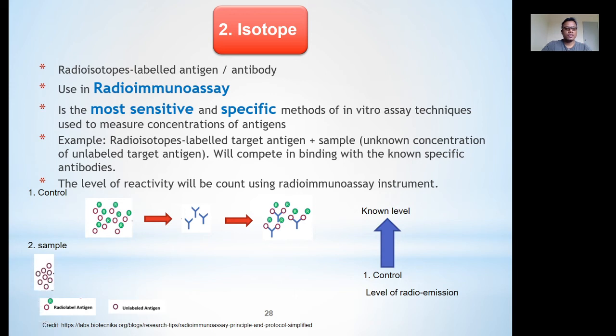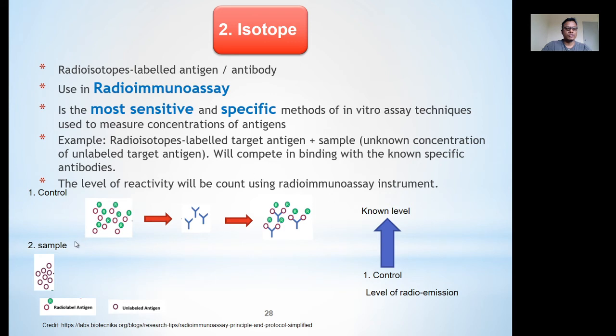Then we will proceed with the patient sample. So we assume that the patient sample contains the same antigen, the same virus or pathogen or whatever analytes that we're looking for in the patient sample.